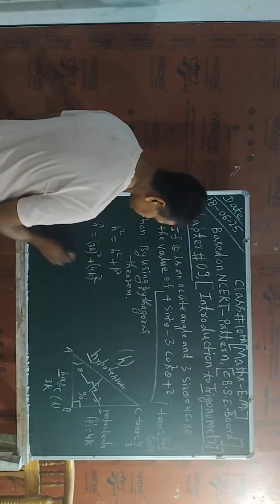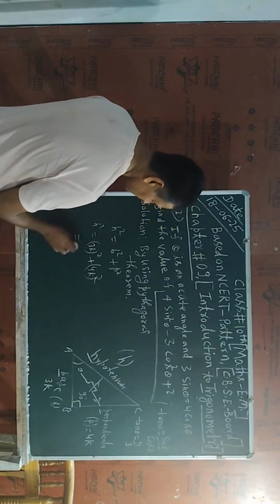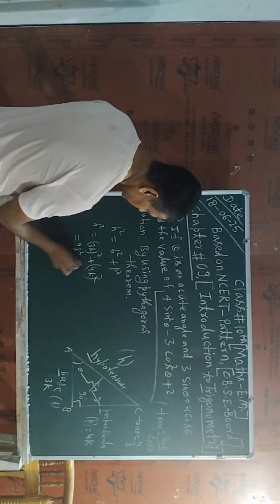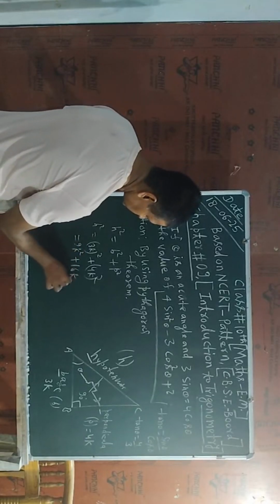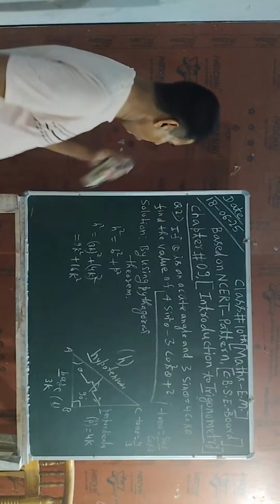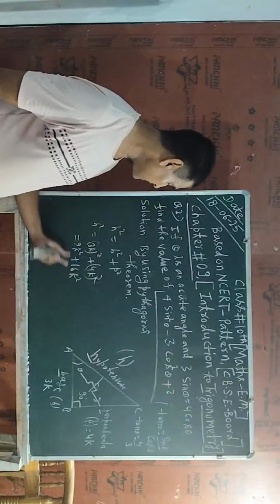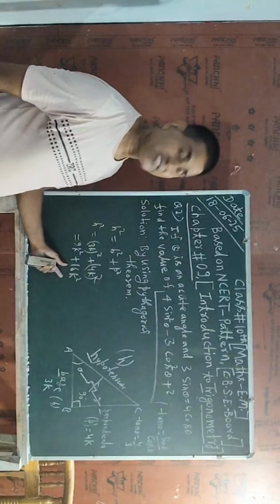Again I will simplify. After simplifying I will write here 9k square plus 16k square. Because this is k square, this is k square, it means that both terms are like terms.